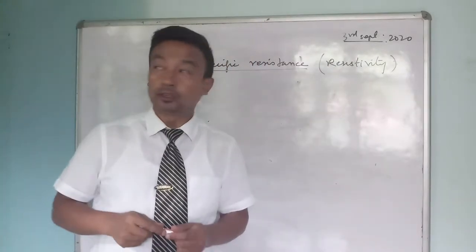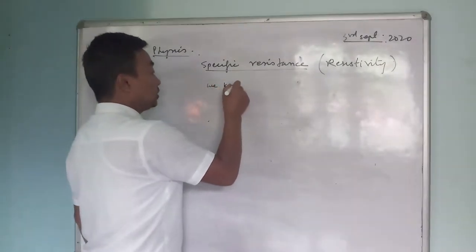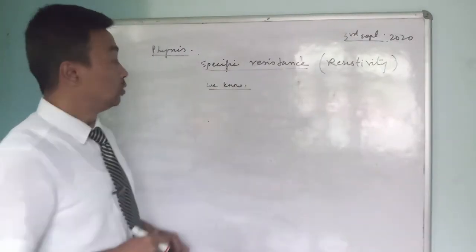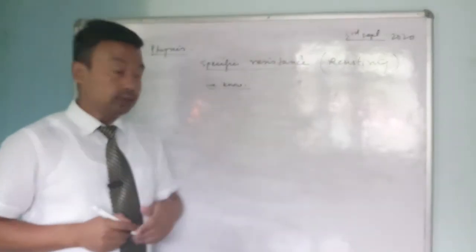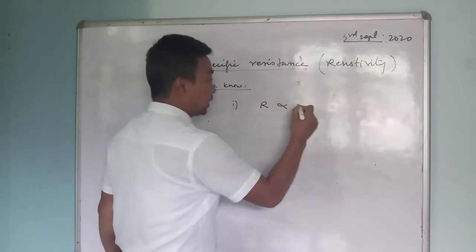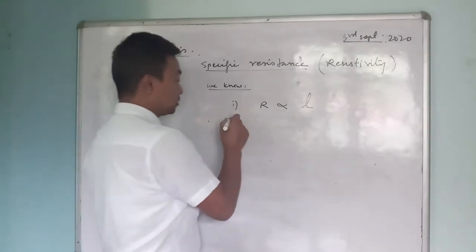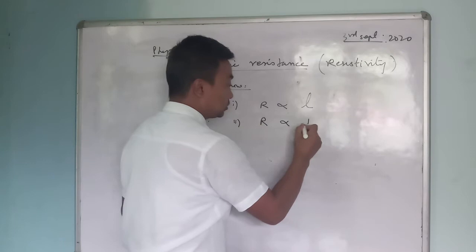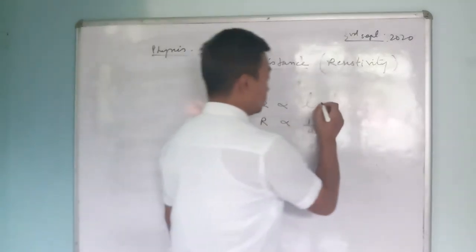Now, the specific resistance or the resistivity. We have just learned the two factors on which the resistance of a wire depends. Number one, the resistance of a wire is directly proportional to the length of the wire or the conductor, and the second factor, the resistance is inversely proportional to the area of the cross section of the wire.